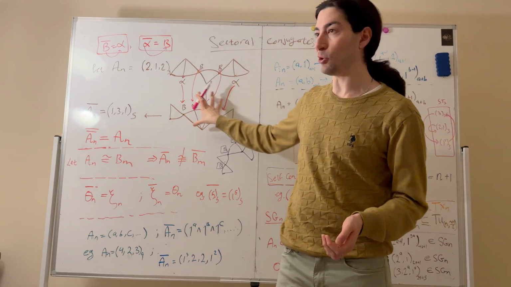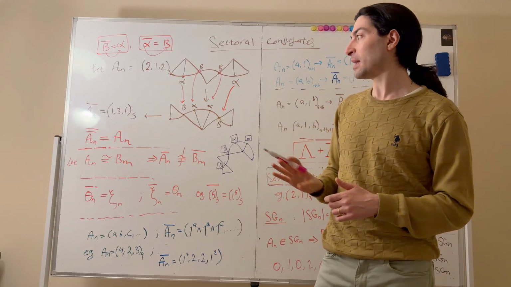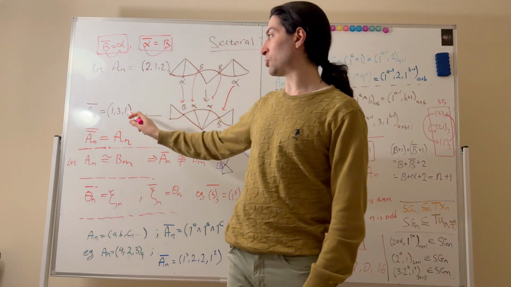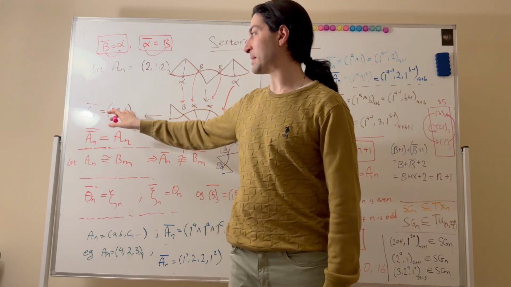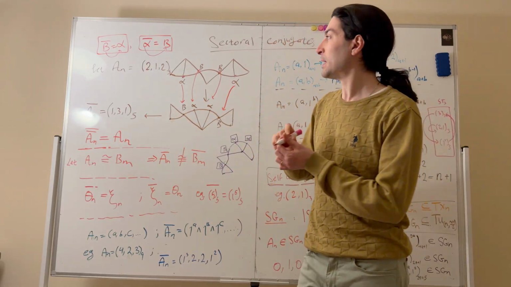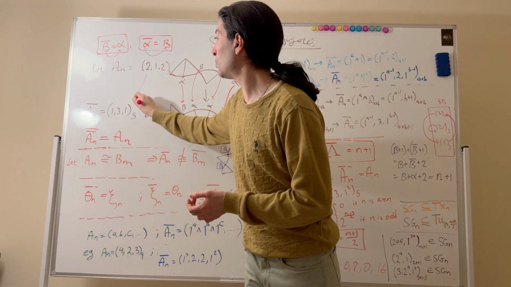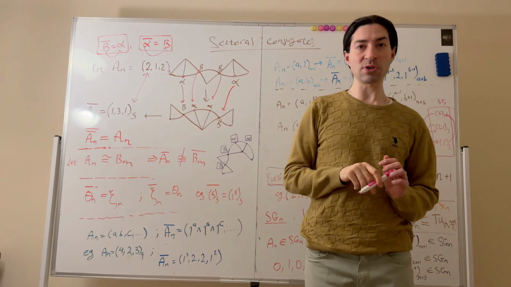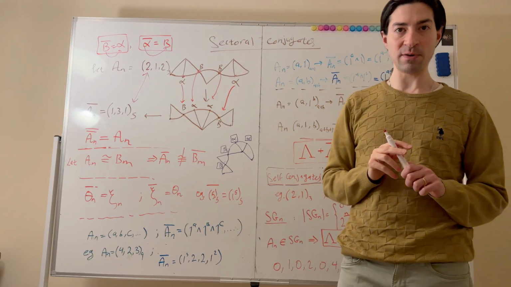So we end with a new sectoral structure, and that will be equal to AN bar equals 131 subscript 5. So we will say that these two sectoral structures are conjugates of each other.